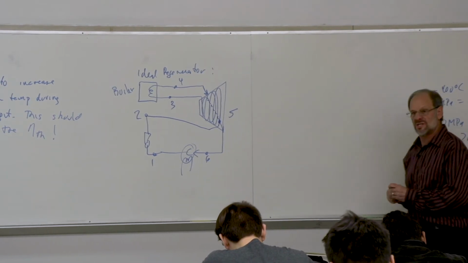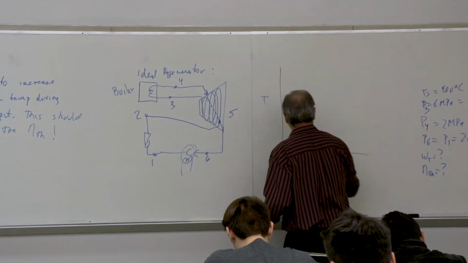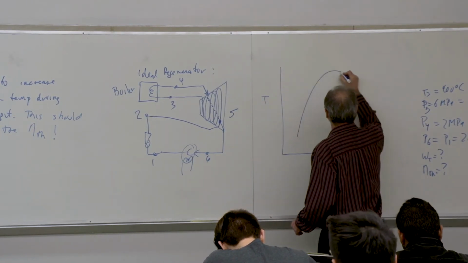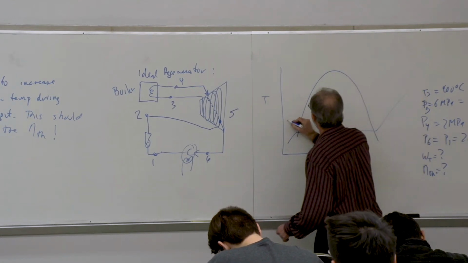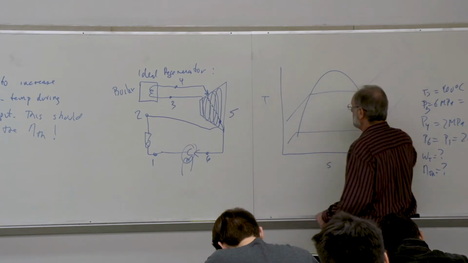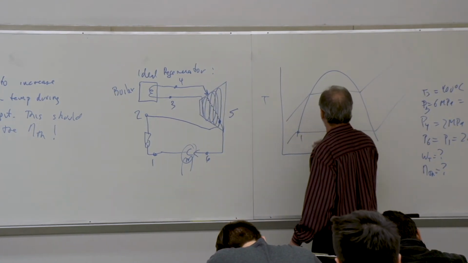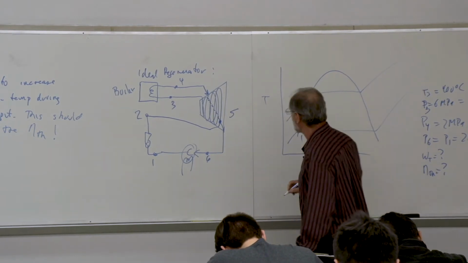And to show this on a TS diagram, we would basically have the following. So here's our saturation lines. Let's just show our minimum and maximum pressure lines. So we're going to start here at point 1, and we're going to compress up to point 2.